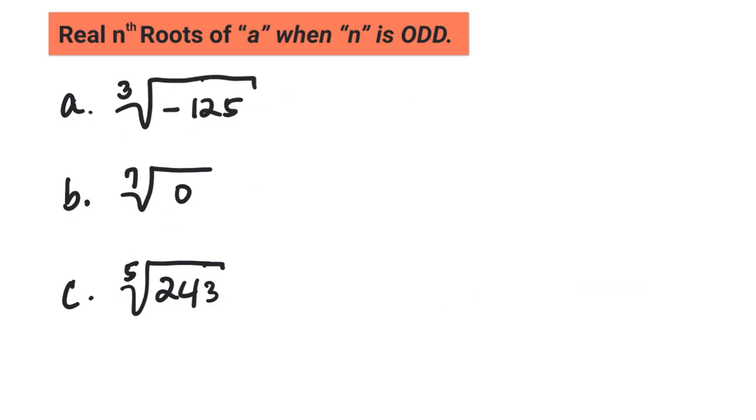Now let's look at the real nth roots of a when n is odd. Okay, it's odd. If you look at these examples, the indexes here are 3, 7, and 5. These are all odd numbers. Now let's see what will happen to the radicand, or the value of a in here. Here, -125 is less than 0.